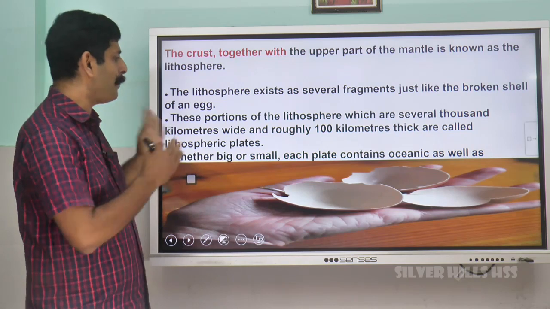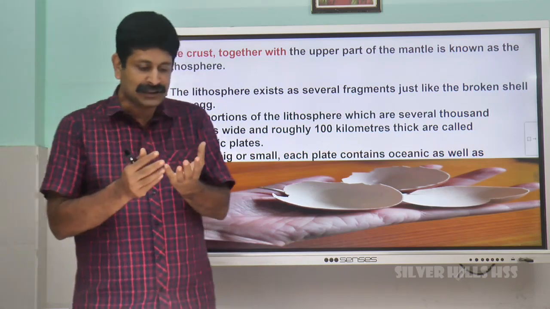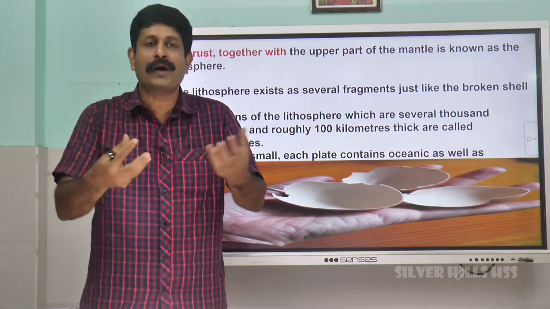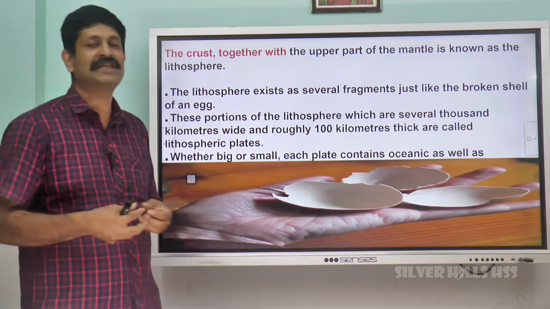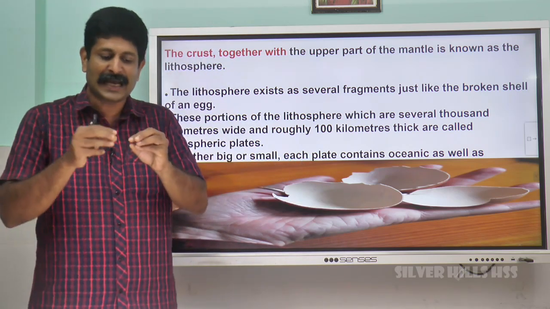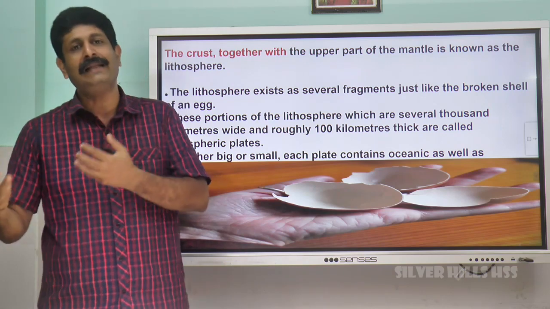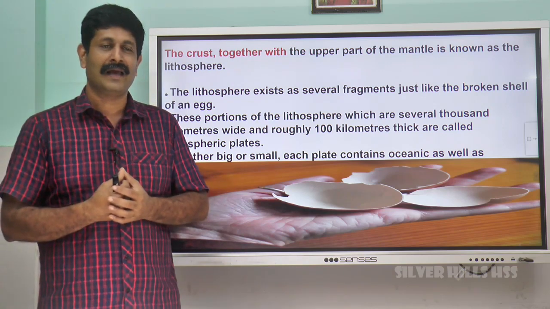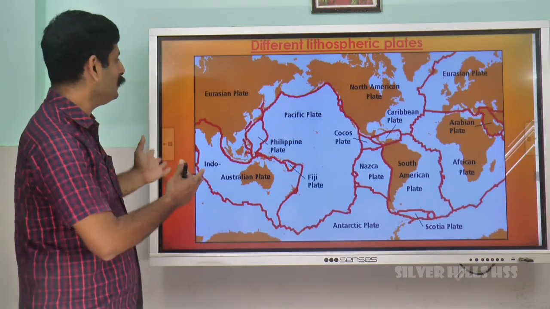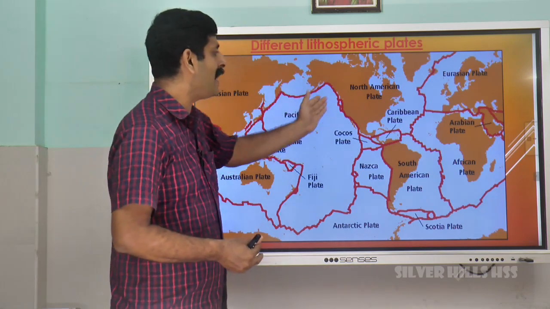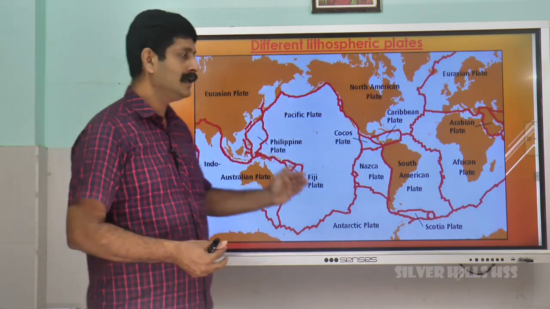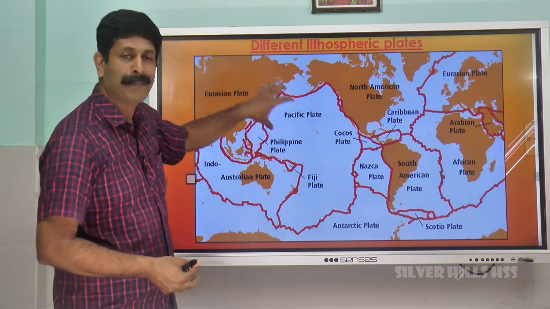Now what is the importance of this? The crust is broken into pieces like an eggshell. There are small pieces and big pieces. According to this, the earth is divided into different plates.